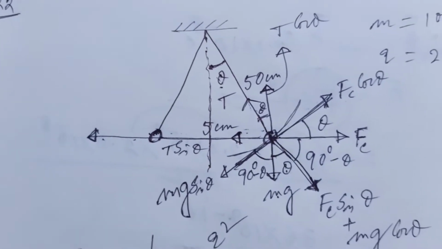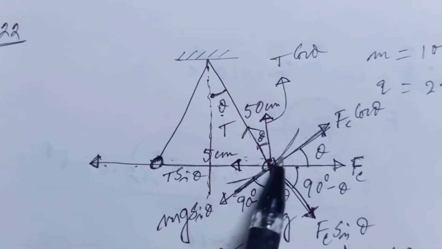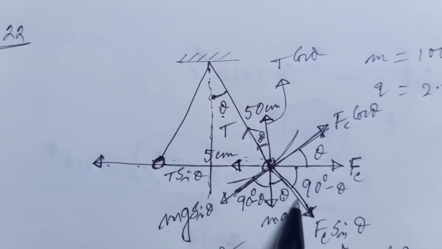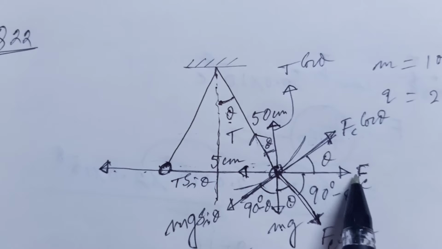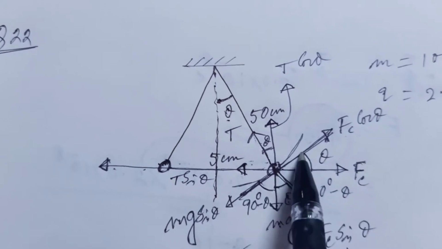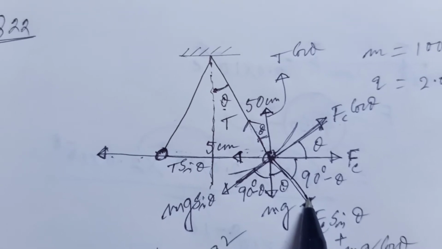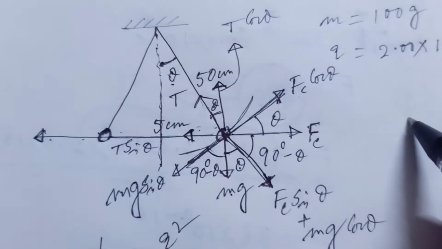The ball moves along this direction, and this is in equilibrium conditions, so first of all we have to calculate the component of FC along that particular direction.